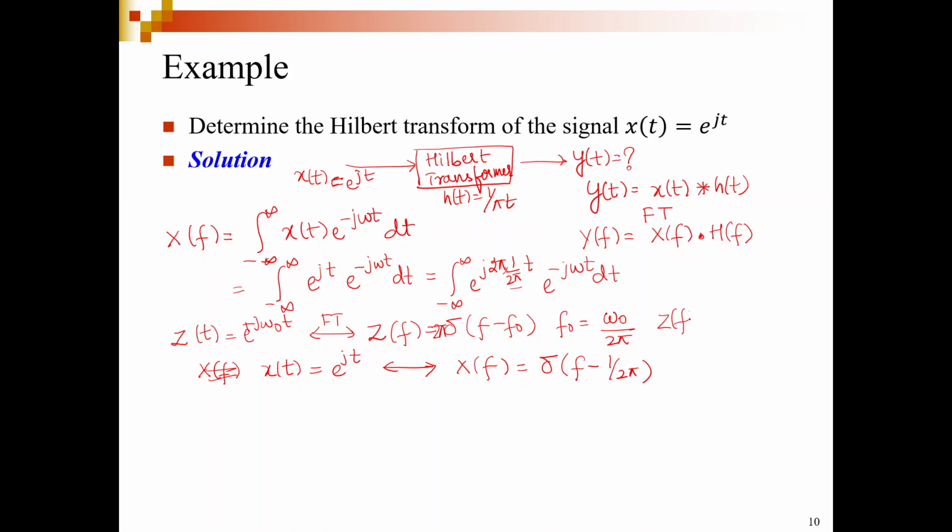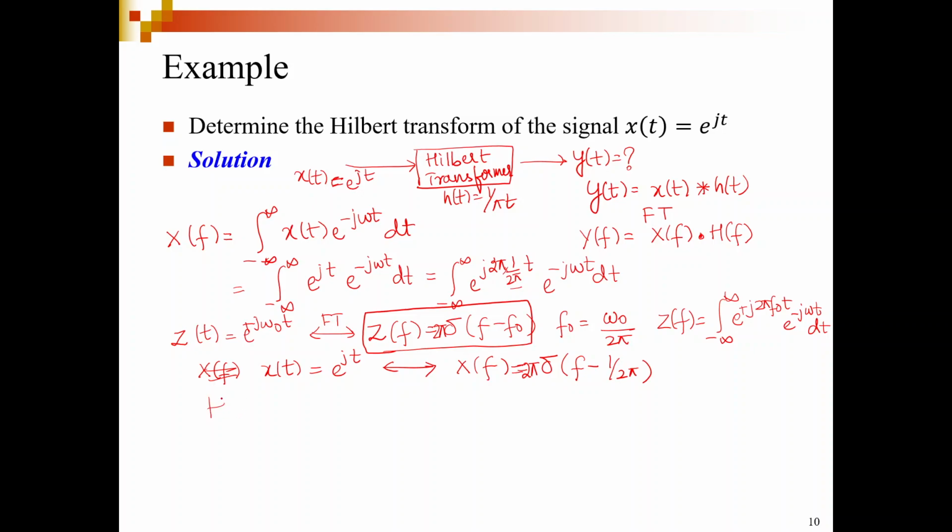Z of f comes out from the integral of e to the power j 2 pi f naught t into e to the power minus j omega t dt. Applying the same formula, we get x of f equal to 2 pi into delta of f minus 1 by 2 pi.